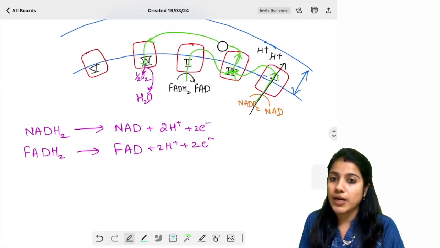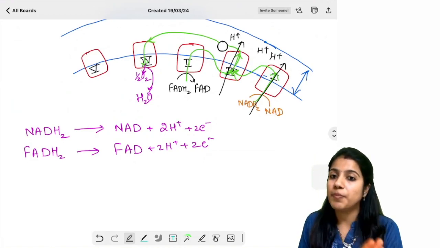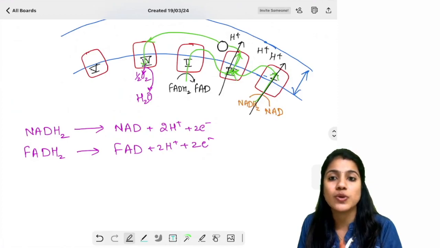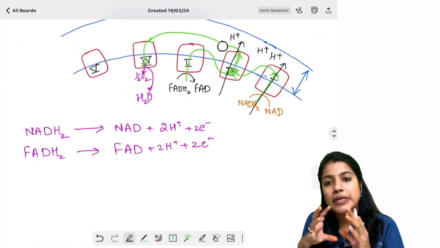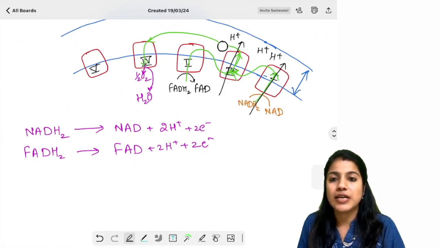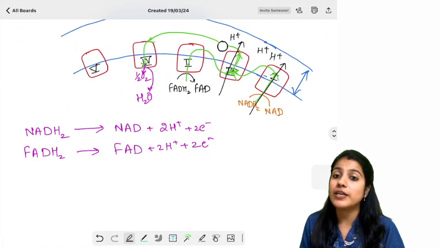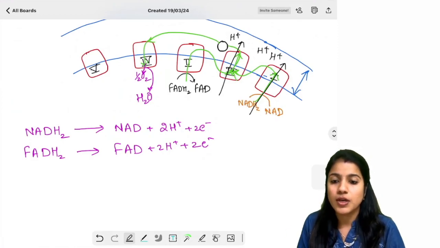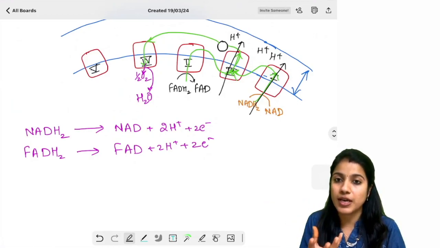Now, complex 1 can pump proton, complex 3 can pump proton, complex 2 cannot pump proton because complex 2 itself is an enzyme. And it is not completely buried in the membrane, it is partially buried in the membrane. So that's why it cannot transport the proton, as well as it does not have proton carriers. To pump the proton in the membrane, they need proton carriers, right?